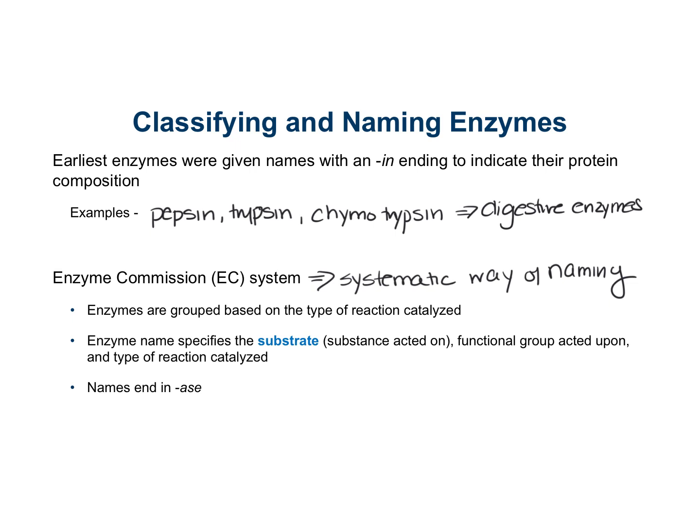In the EC system, each enzyme has an unambiguous and often long systematic name that specifies the substrate. And the substrate is just the substance that it's acted on, and this will be one of the reactants.